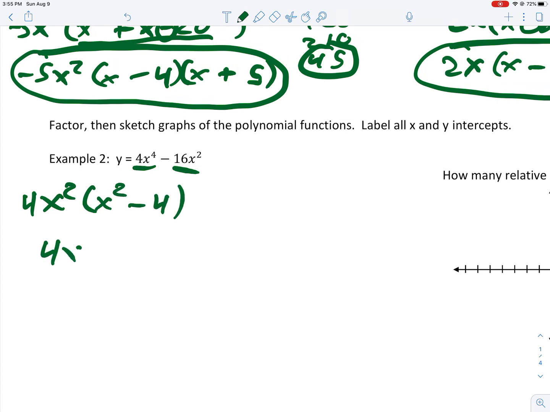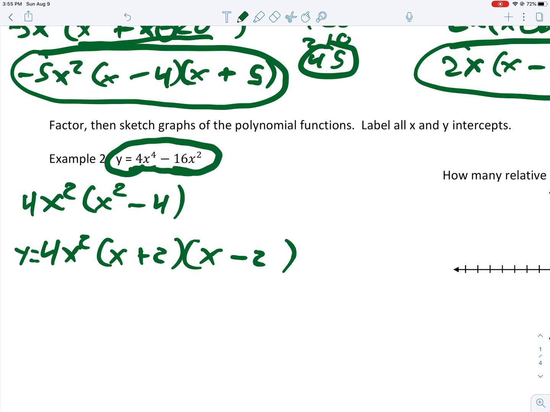Okay, so x squared minus 4, that's a difference of perfect squares. So plus 2 minus 2. So we started off in standard form. Now we're in factored form. So we had to use factoring to get it into factored form. So that's one tool that we have.